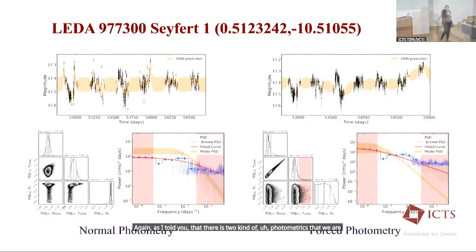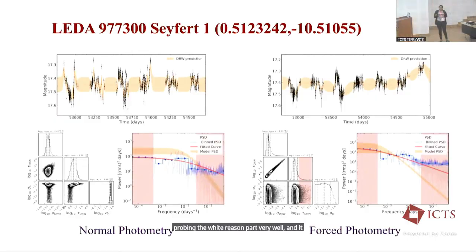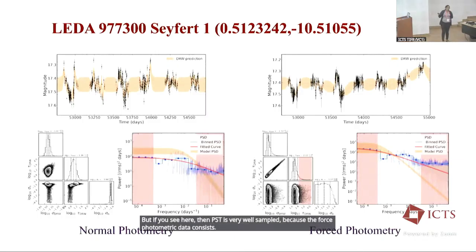Again, as I told you, there are two kinds of photometry that we are dealing with in ZTF. One is normal photometry. You can see the power spectral density is not probing the white noise region very well, and it's giving the red noise part equivalent to it. But if you see here, then the PSD is very well sampled, because the forced photometric data consists of more epochs.